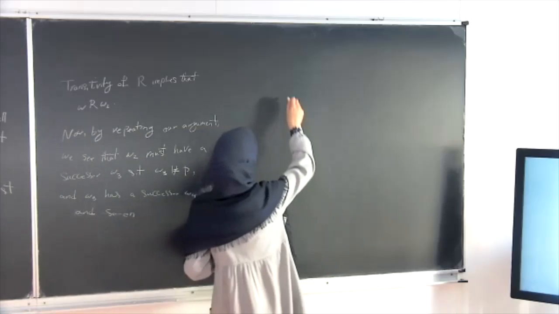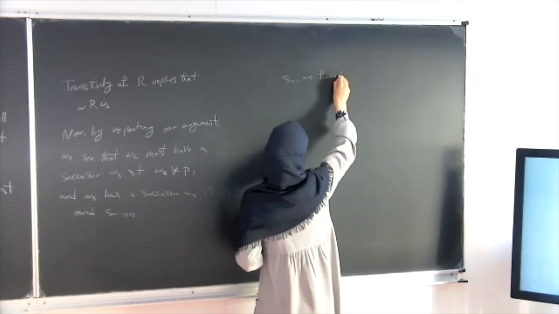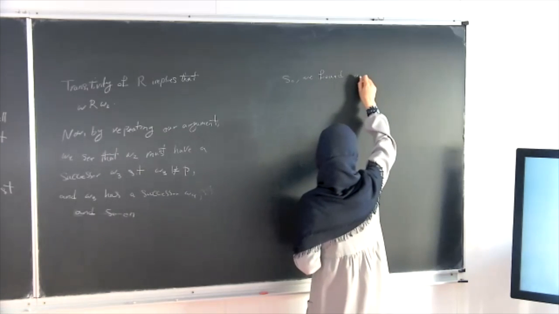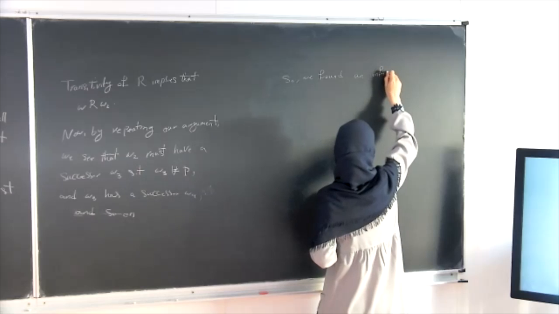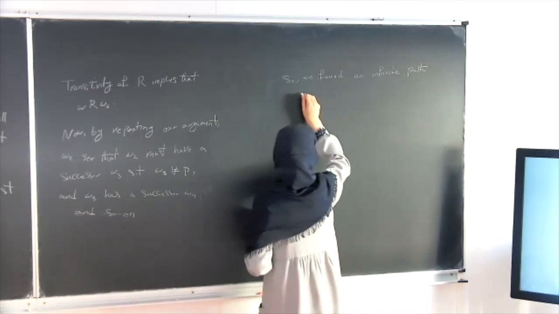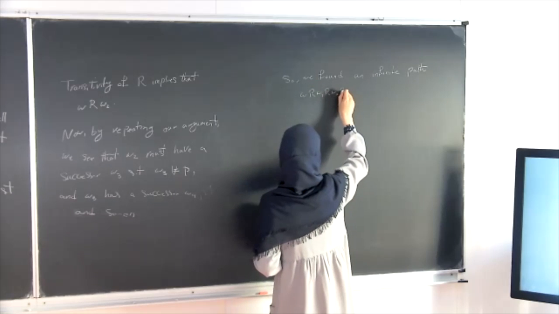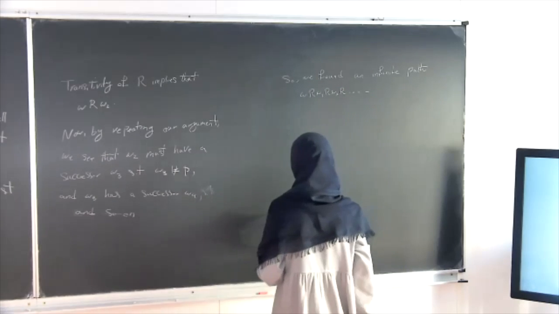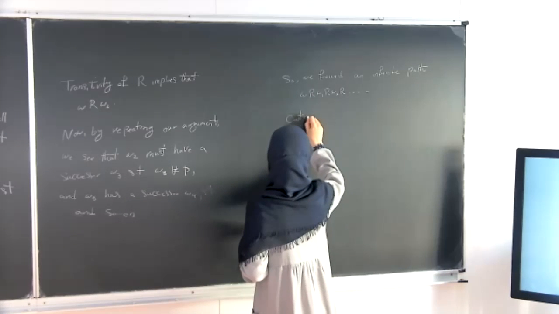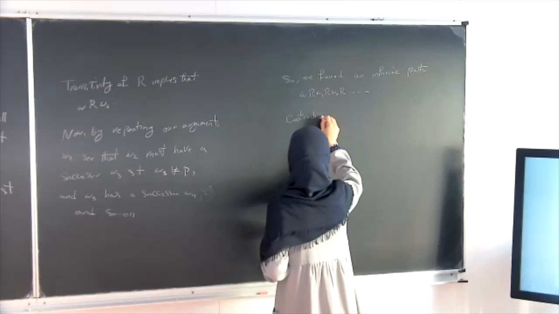So we found an infinite sequence, an infinite path W R W1 R W2 R and so on, which contradicts converse well-foundedness.